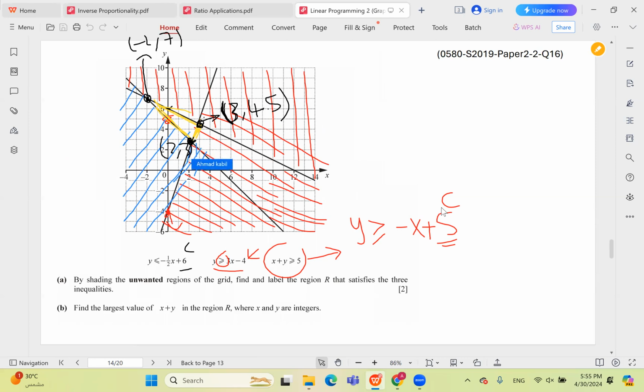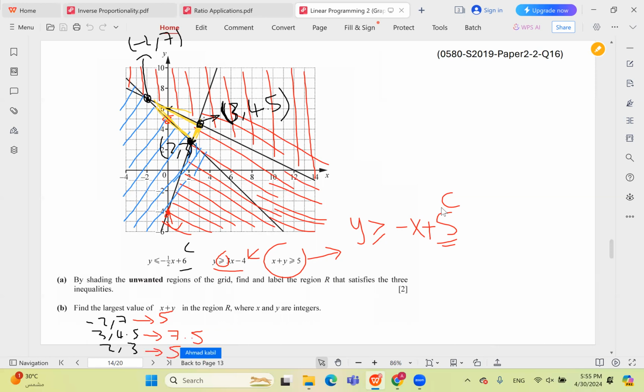So we have to test these three points to figure out which one works best. The first point is (-2, 7), the second point is (3, 4.5), and the third point is (2, 3). So the value here would be 5, here would be 7.5, and here would be 5 again.